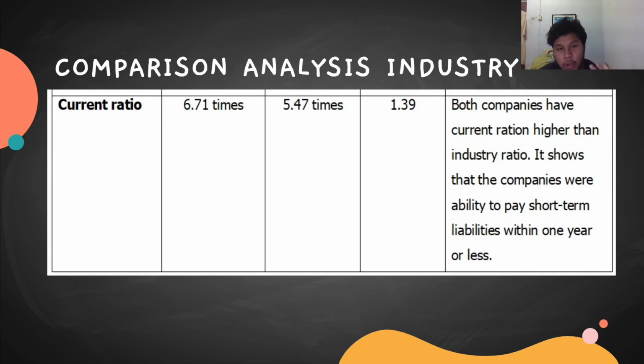So based on all of these comparisons, we can say that Ajinomoto Berhad is doing better than Ashafa Corporation, because Ajinomoto Berhad has a higher ratio in all of these analyses.